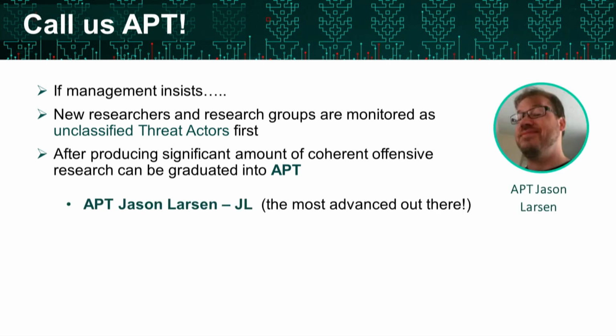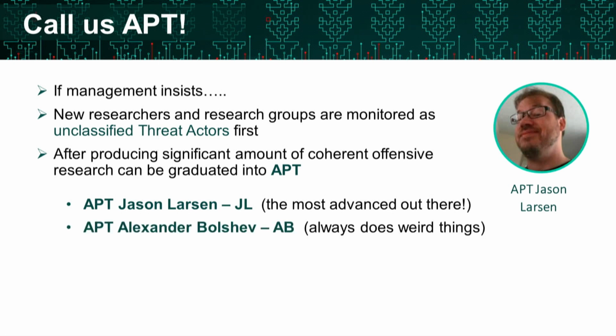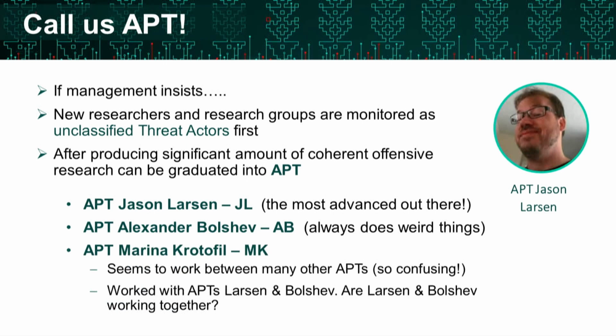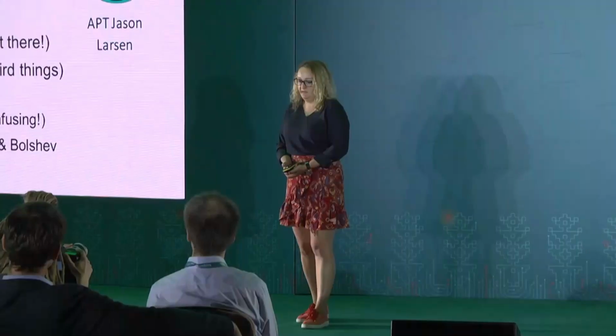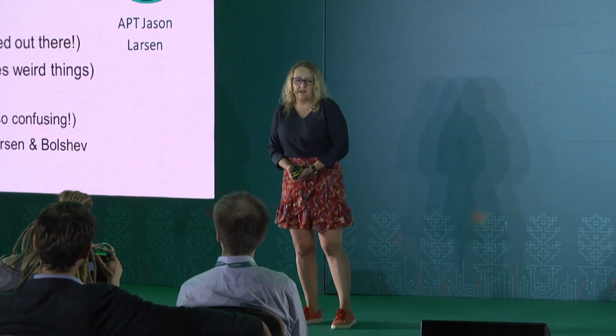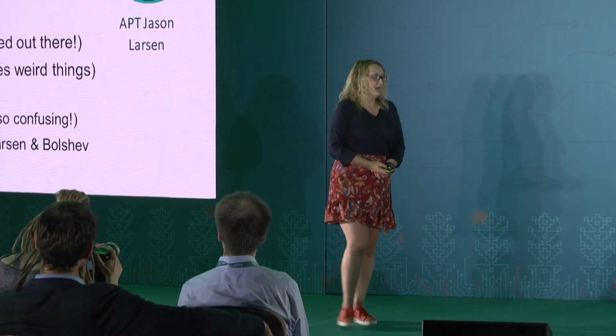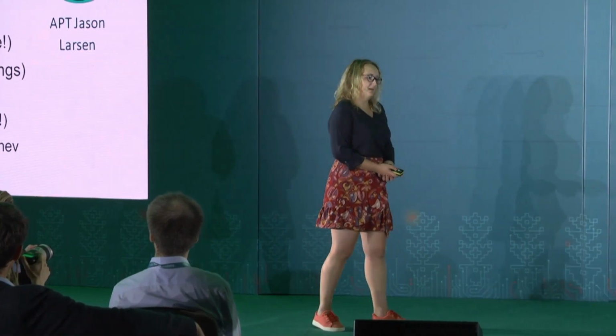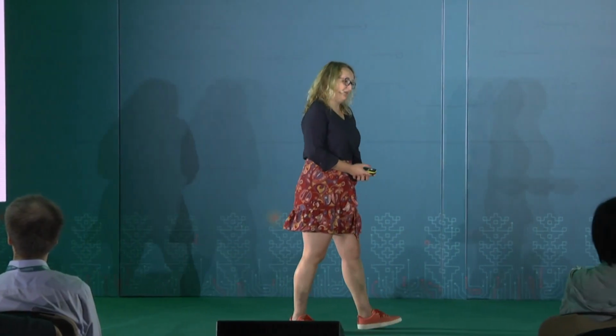So for example, like APT Jason Larson, yeah, the most advanced out there, or APT Alexander Bolshev, always does weird things, or APT Marina Krotofil. She seems to work between many other APTs, so confusing. Like she worked with APT Jason Larson and with APT Alexander Bolshev. Does it mean that Larson and Bolshev are working together?